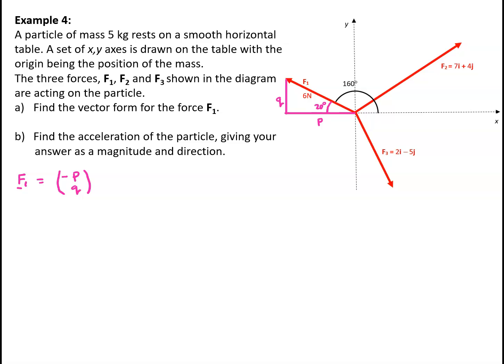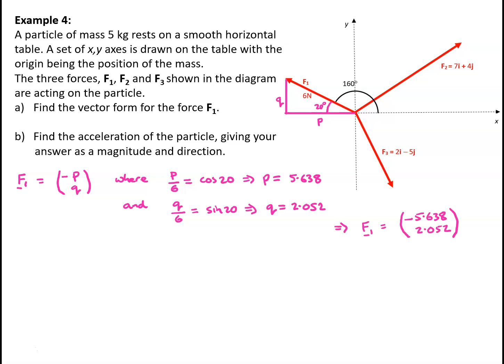We've got P divided by 6 must equal cos 20, so P must be 6 times cos 20, which is 5.638. Q divided by 6 has got to equal sine 20, so Q must equal 6 sine 20, which is 2.052. So I now know that F1 is the vector minus 5.638, 2.052.